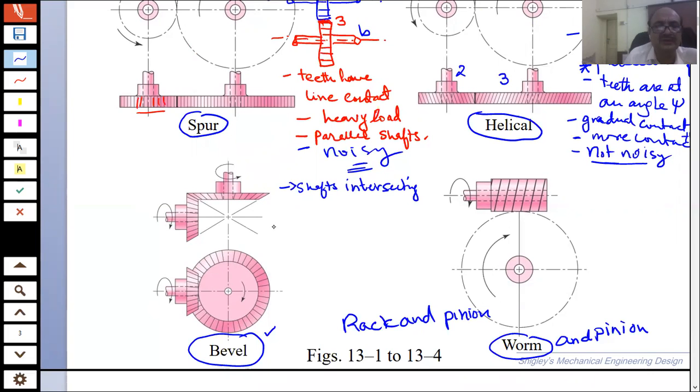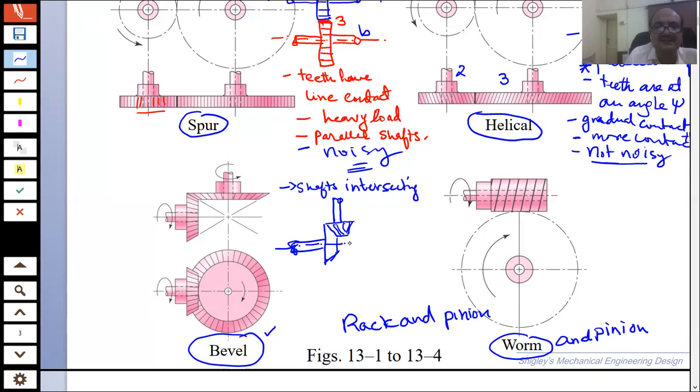So bevel gears would be used if we have one shaft, for example. This is one shaft. What we would do is put a bevel gear over here that has teeth, and then put another bevel gear over here to use it for transmission of power between these two gears.